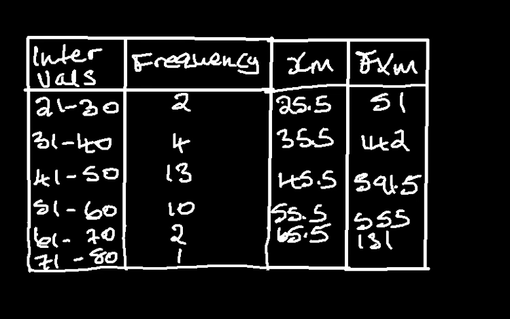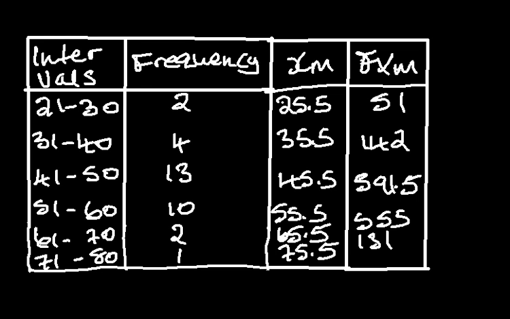And we have 71 plus 80, divided by 2, that is 75.5.